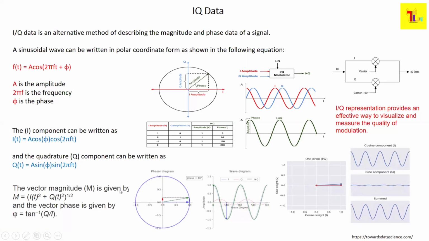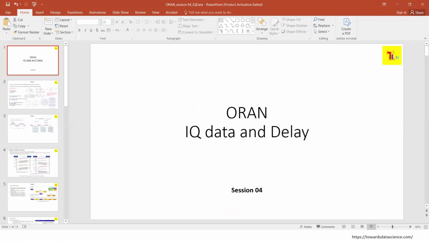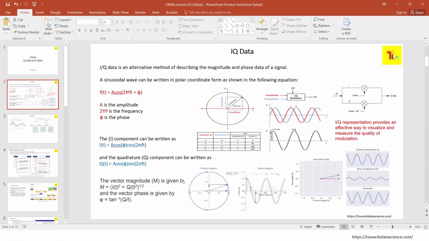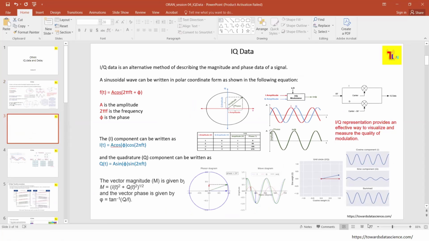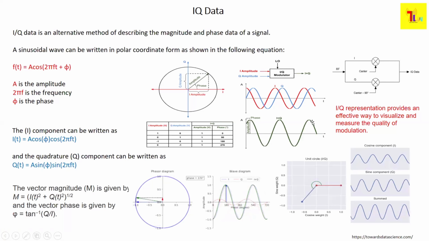IQ stands for in phase and quadrature phase. So when you send some voice data from some person, when he speaks, it will be converted into digital data using sampling and all those things, correct?